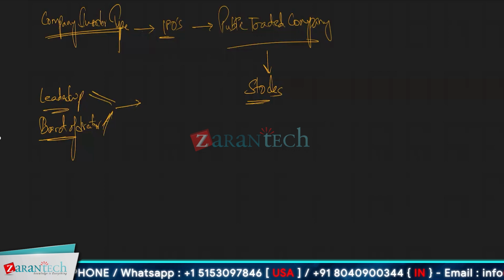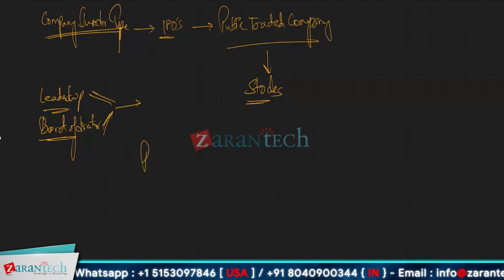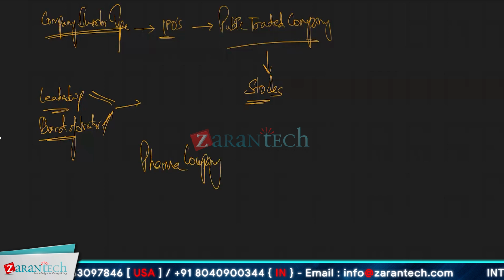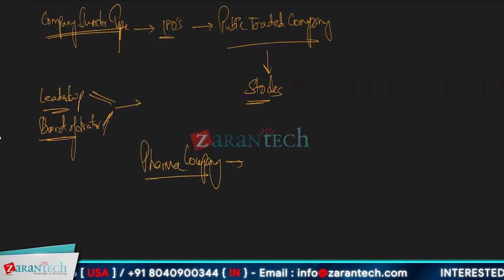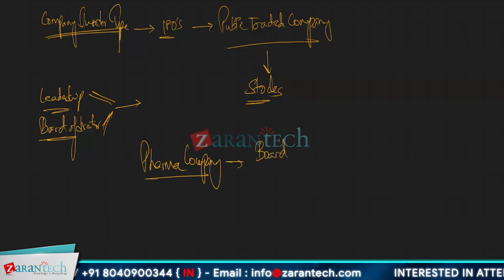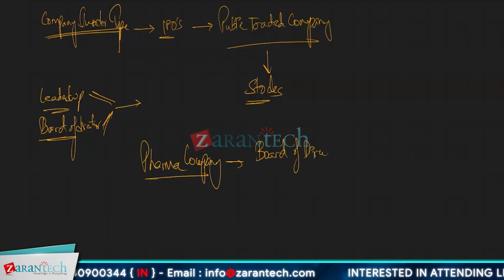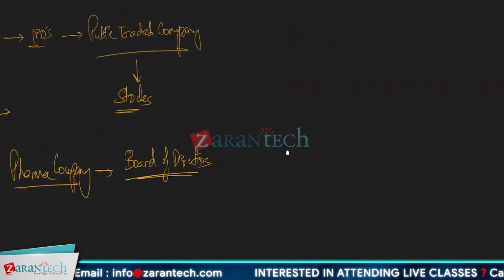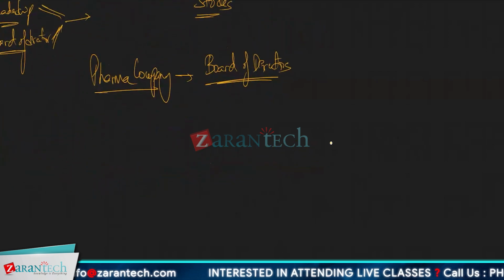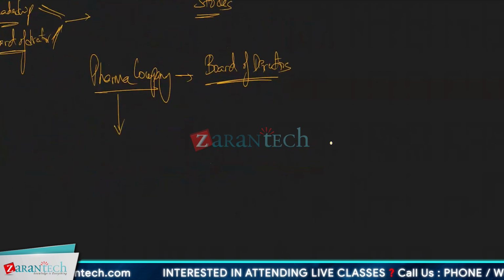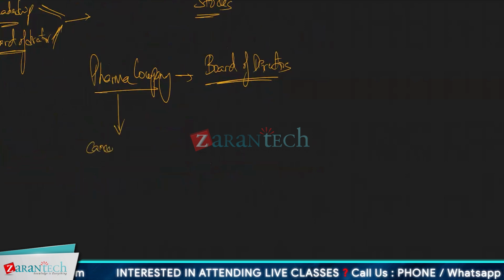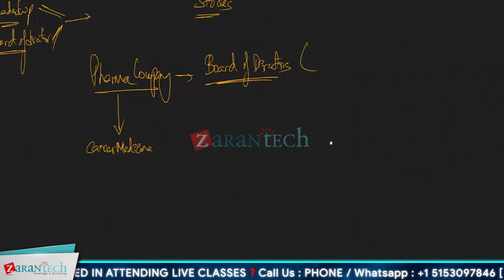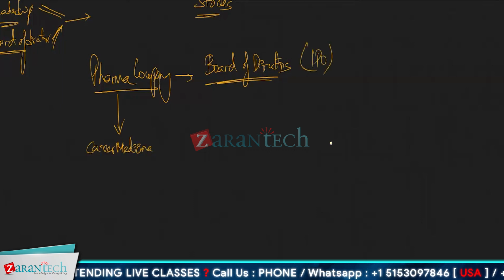Let's say this company is a pharma company, and the board of directors in this company do have shares of this particular company, the pharma company shares. Now, this particular pharma company had made a breakthrough and developed a cancer medicine. And this is a publicly traded company. So it's an IPO, a publicly traded company.